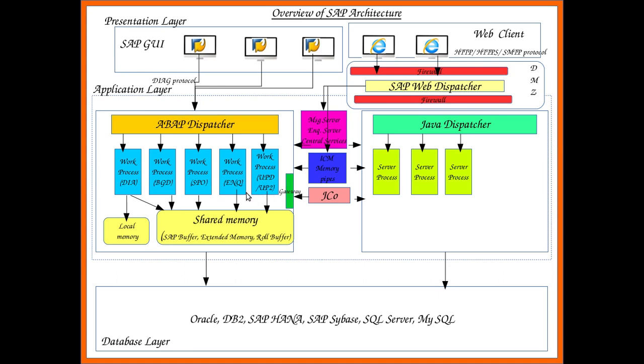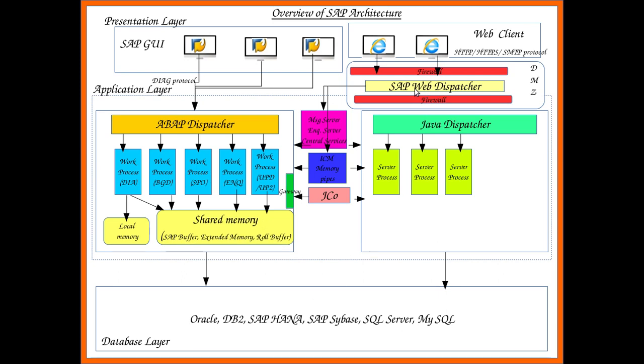Each work process consumes two kinds of memory. One is local memory for each work process, and they also share a memory area called shared memory, where the SAP buffer, extended memory, roll buffer, everything resides.